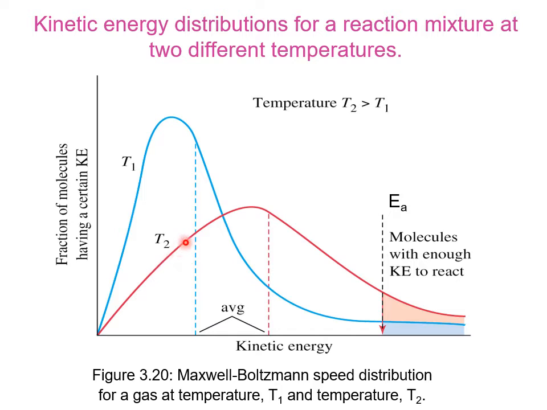In red, you can see the curve is slightly lower, but it has a higher energy compared to T1. You can see here, Ea is situated here on the right side of the graph, and T2 has a higher value than T1 at Ea, whereby molecules with enough kinetic energy under the curve are more for T2 compared to T1.